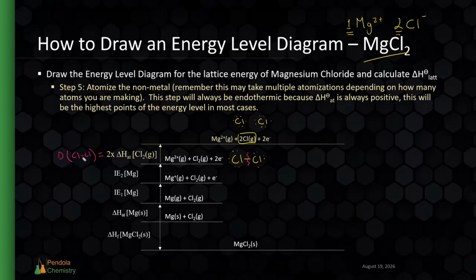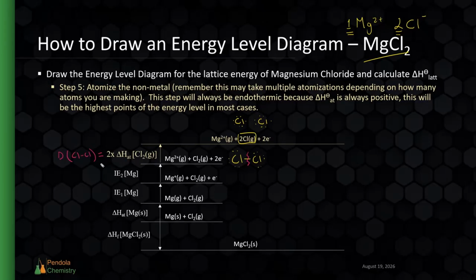The bond energy of chlorine will mean to break a chlorine-chlorine bond in the gas state, which is what we're doing to create 2 chlorine atoms in the gas state. The enthalpy change of atomization of chlorine times 2 would be to grab chlorine in its elemental form and create 2 moles of chlorine atoms in the gas state. Either way, we're doing the exact same thing. These numbers are equal to each other. So be careful.